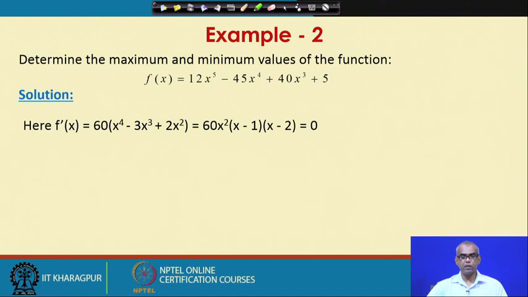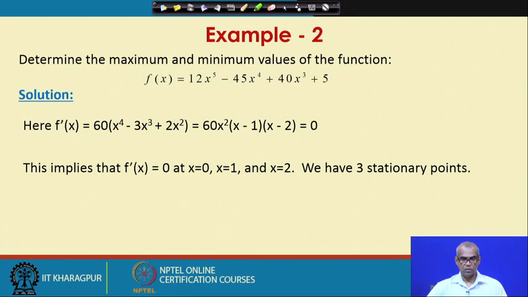So, take the derivative of the function with respect to x and we get stationary points as x equal to 0, x equal to 1 and x equal to 2. We have thus 3 stationary points and we have to evaluate the second order conditions at all of these 3 stationary points to check whether the points are minimum, maximum or point of inflection.